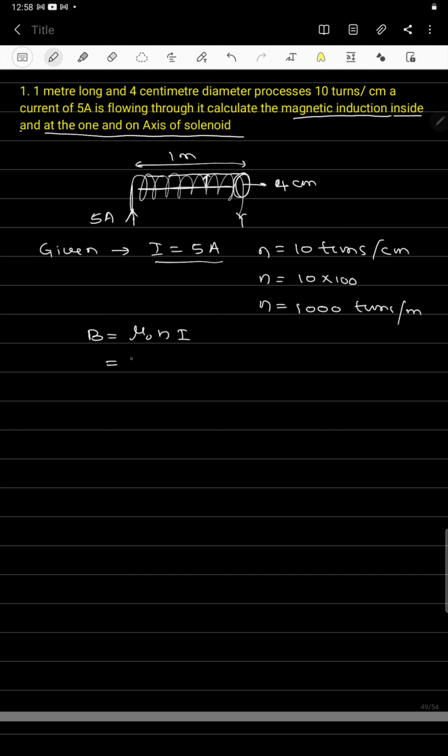Mu naught is 4 pi into 10 to the power of minus 7, n is 1000, and current is 5 ampere.